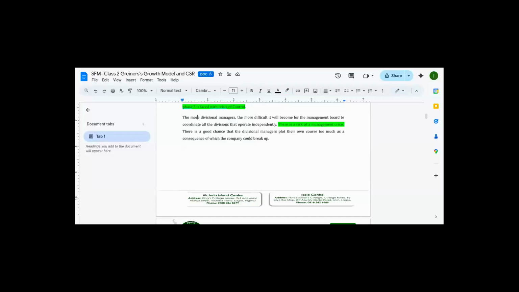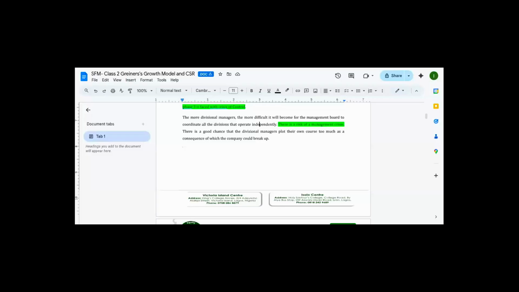So we have to note that the more the divisional managers, the more difficult it becomes for the management board to coordinate, because they have to coordinate all the divisions that operate independently under them. No matter the number of divisions that we have, they still belong to the same one parent company.